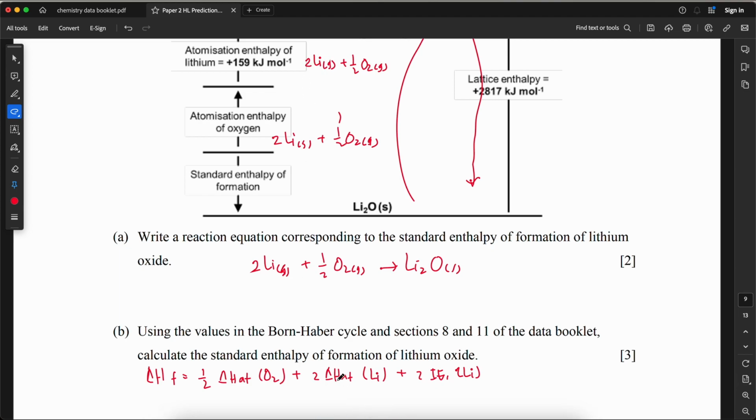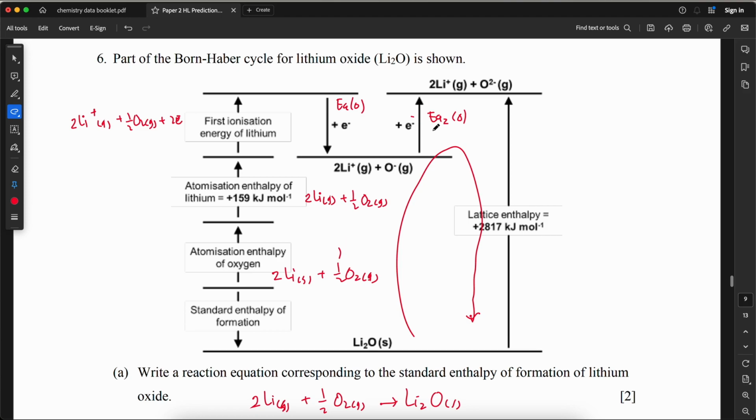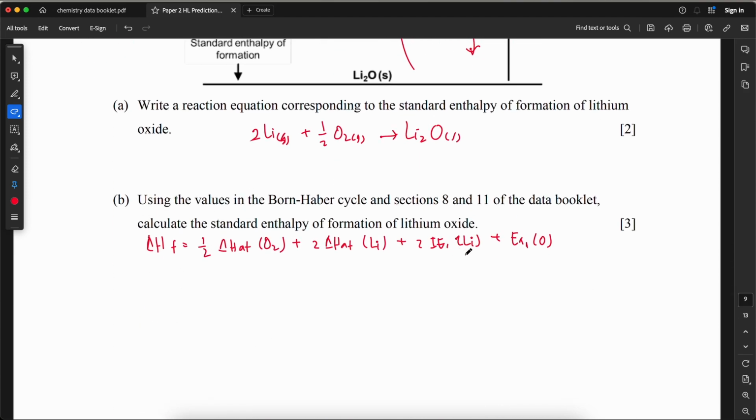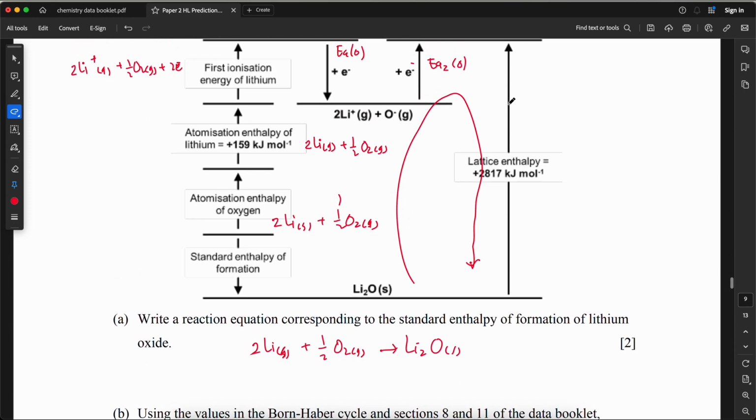And plus the first electron affinity of oxygen, right? This one, and then this one, plus the second electron affinity of oxygen, minus the lattice enthalpy of Li2O, because of the different direction, right? For the direct route and indirect route.